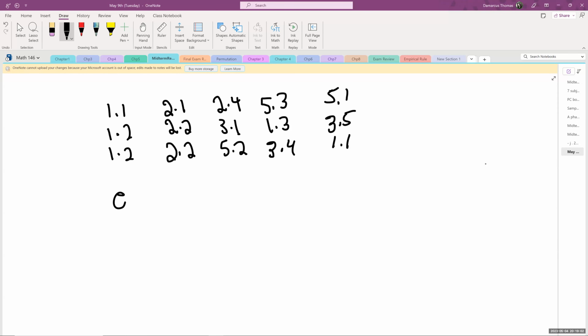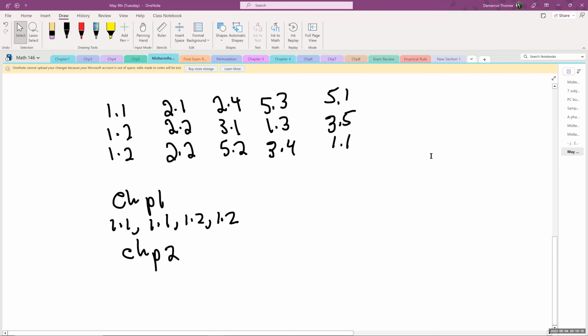So I can put it in another way. We got 1.1, 1.1, 1.2, 1.2, and actually another 1.3. Okay, I didn't get this right. 5 questions are coming from chapter 1.